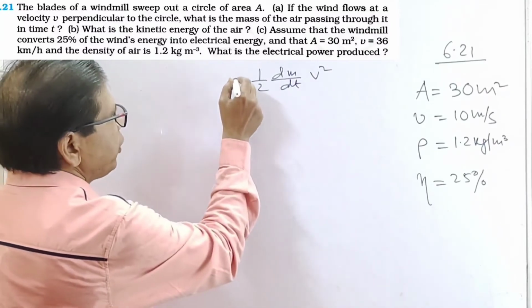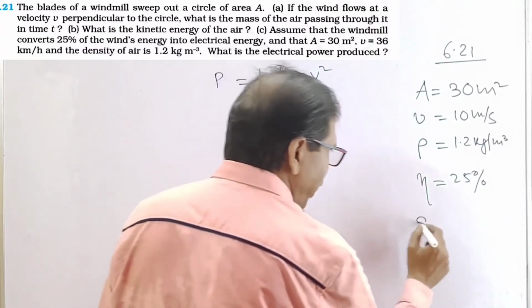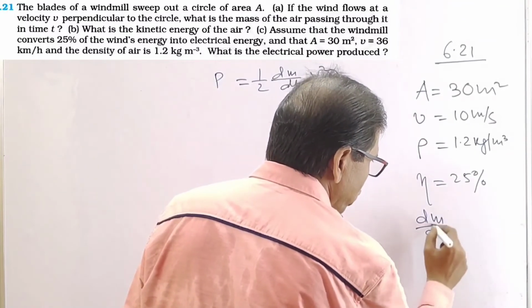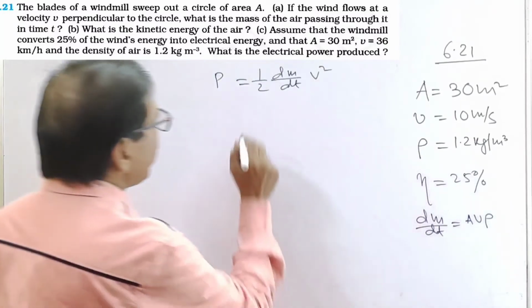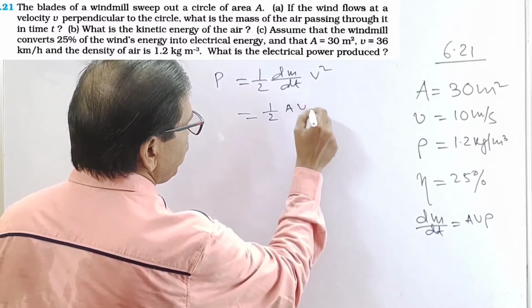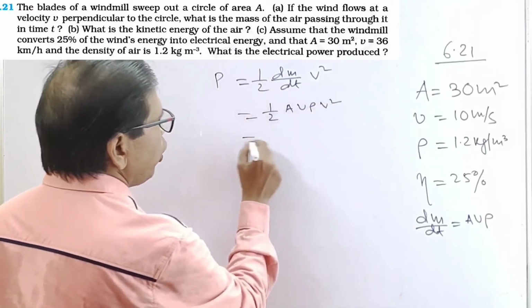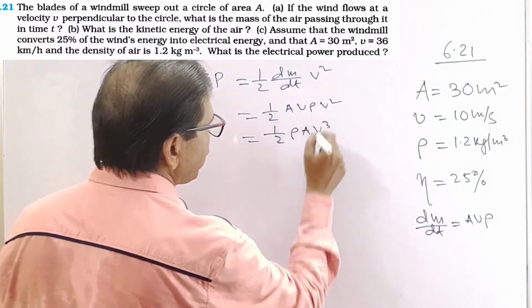Now dm by dt is equal to A v into rho. So half into A into v into rho into v square, so it is half rho A v cube.